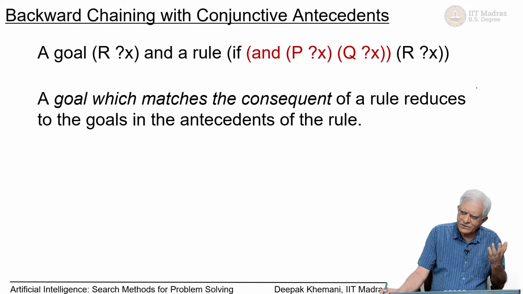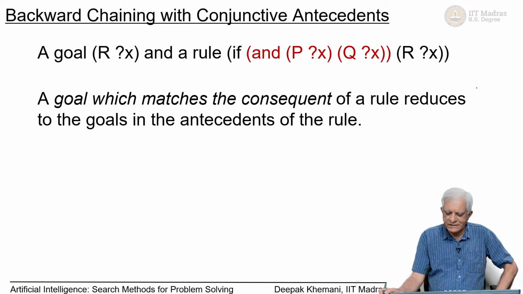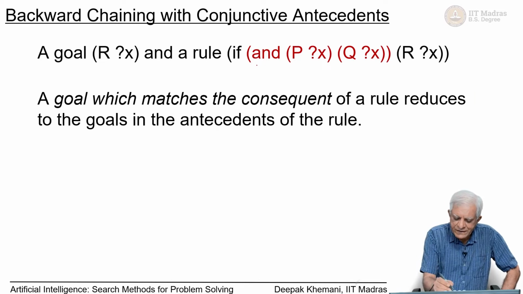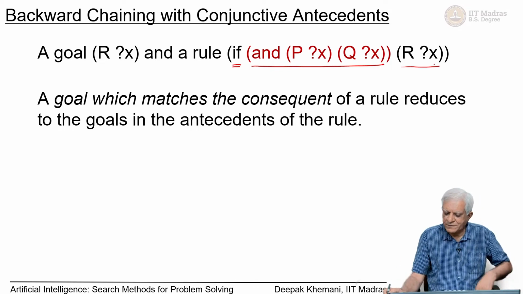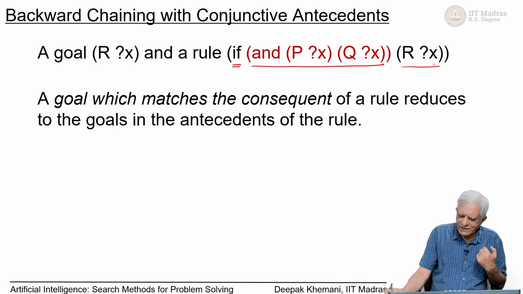So, our simple rule simply has the statement that all men are mortal: for all x, man x implies mortal x. Here we have a rule with conjunctive antecedents. This is the if part, and it says if this is true, then this is true. What are P, Q and R? These are just some predicates. So we are saying that if x is a P and x is a Q, then x is an R essentially.